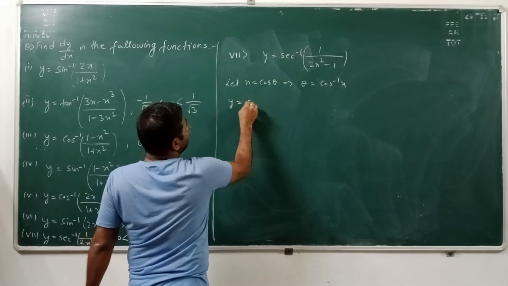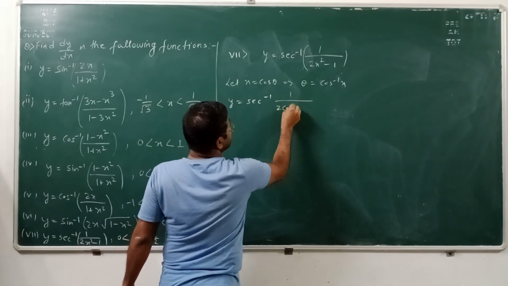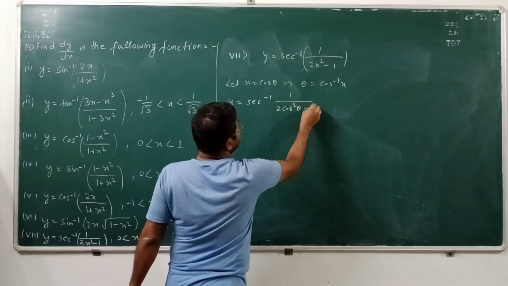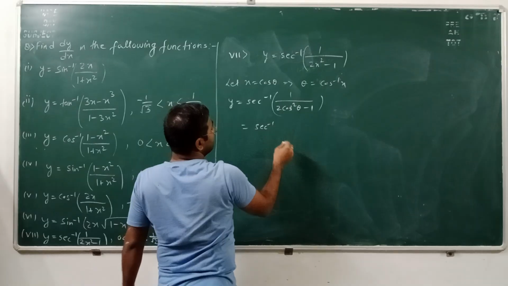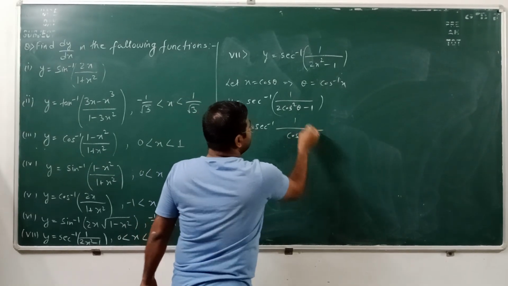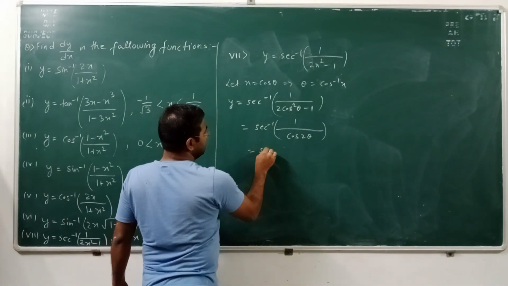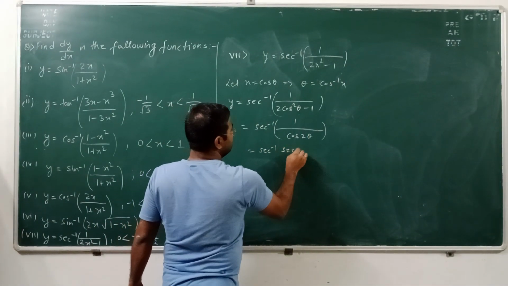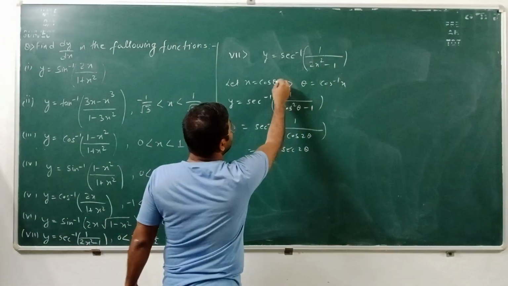Then y is equal to sec inverse 1 upon 2 cos square theta minus 1. Then what will come? Sec inverse 1 upon this is the identity of cos 2 theta. Then this can be written as sec inverse sec 2 theta. Then sec cancels, 2 into theta value is what?